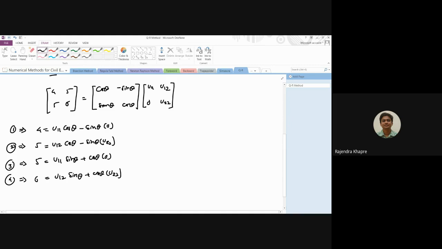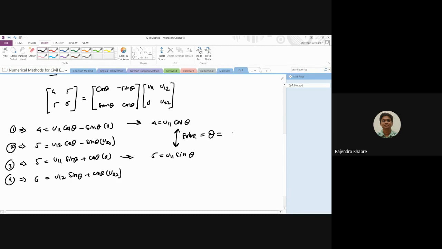Is that right? Okay. So now if I rewrite expression 1 and expression 3, what am I going to get? This is 4 equals U11 cos of theta, because the other term is 0, and here 5 equals U11 sine of theta. Okay. So you can solve these two equations so that you can get the value of theta.